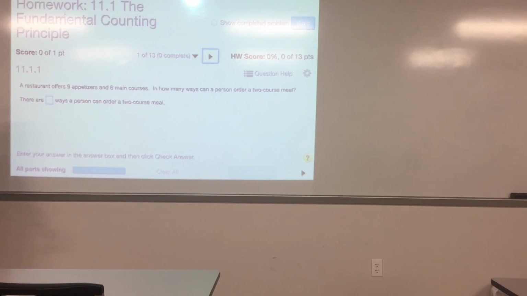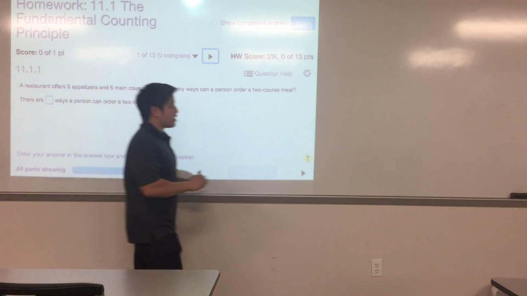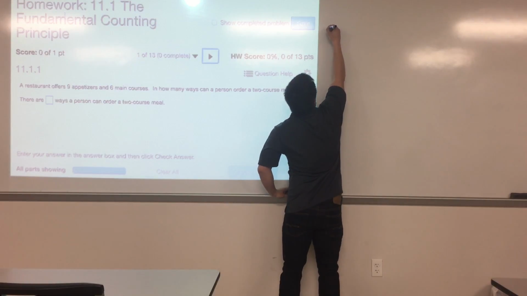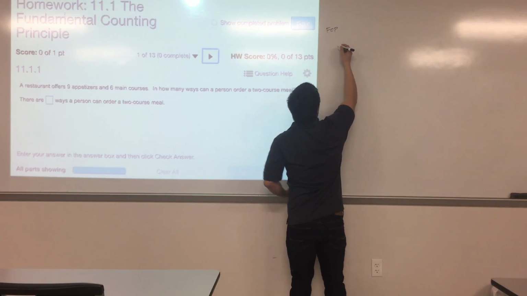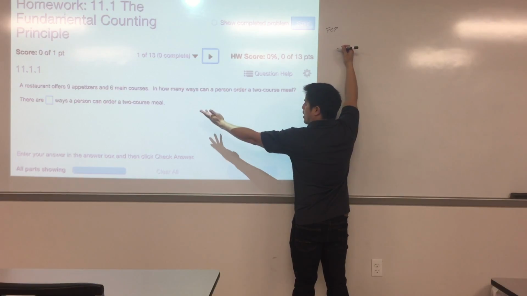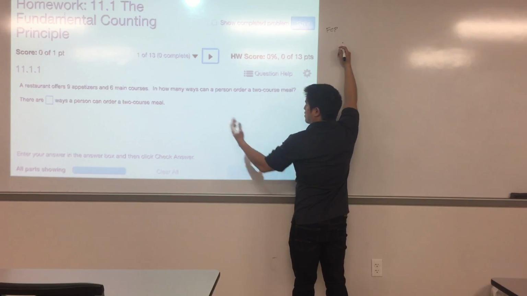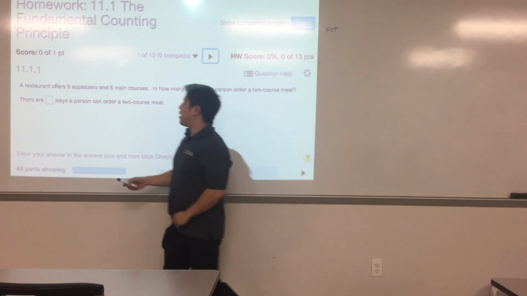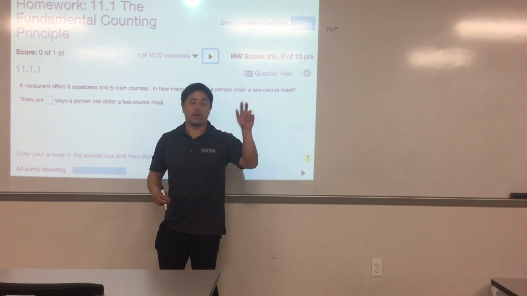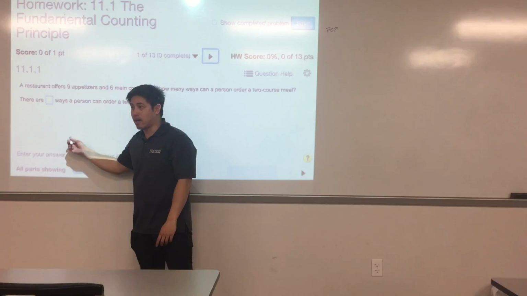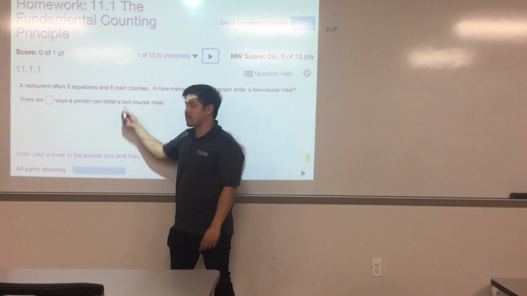What you see in the fundamental counting principle, which we'll call FCP, is you want to know how many possible ways, I don't want to use the word combinations because it's used later in section 11.3, but how many possible ways can you make a 2-course meal when you have 9 appetizers to choose from and 6 main courses?